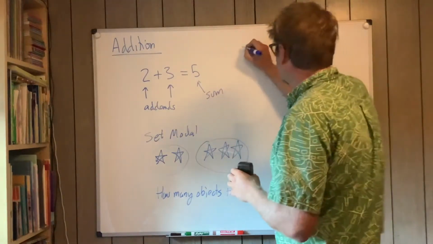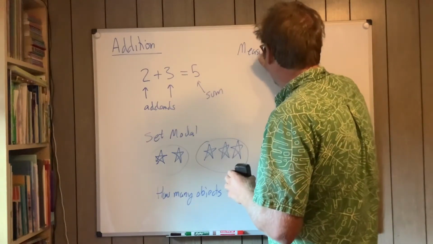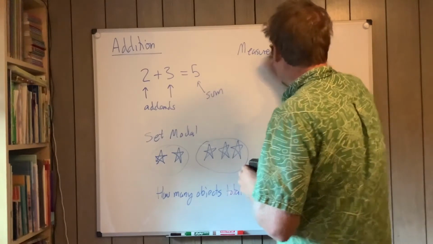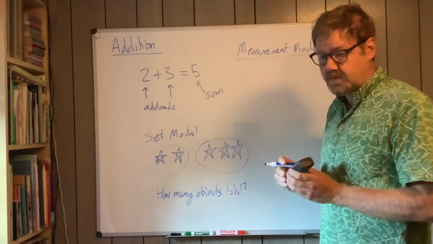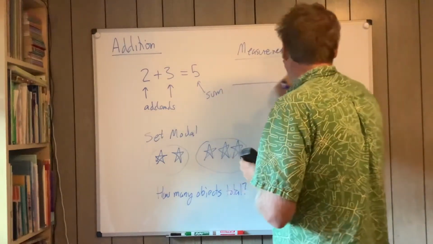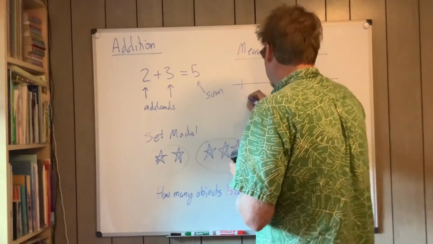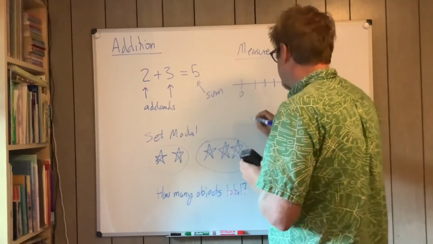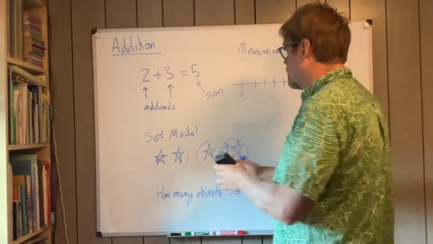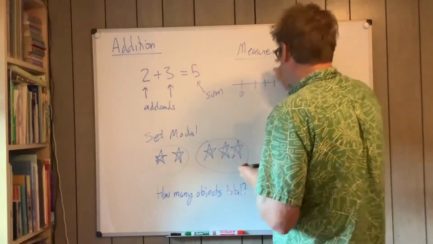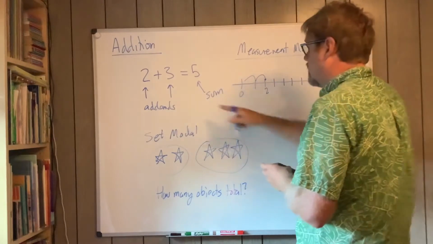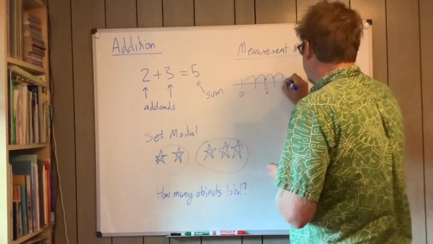The other classic way to do this is a measurement model, and we often think of it on a number line. If I have this on the number line, I start at 2, and I go 3 more hops.